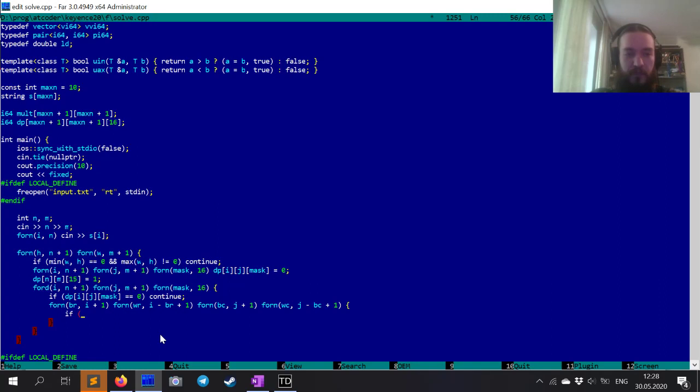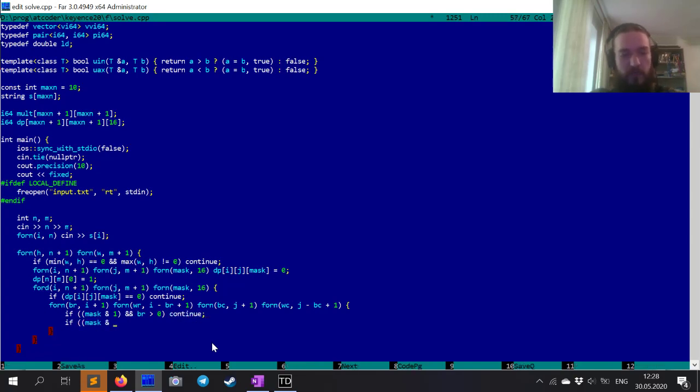So, okay. Actually, let's say that the bits in mask forbid us to erase something. So the first bit, the lowest bit, forbids us to erase black rows. So if we still want to erase black rows, then this is not something we can do.